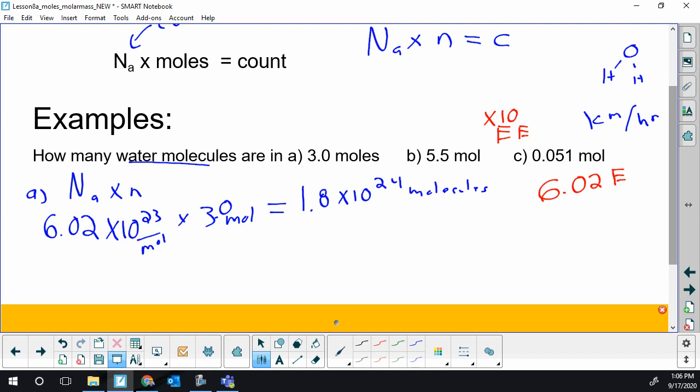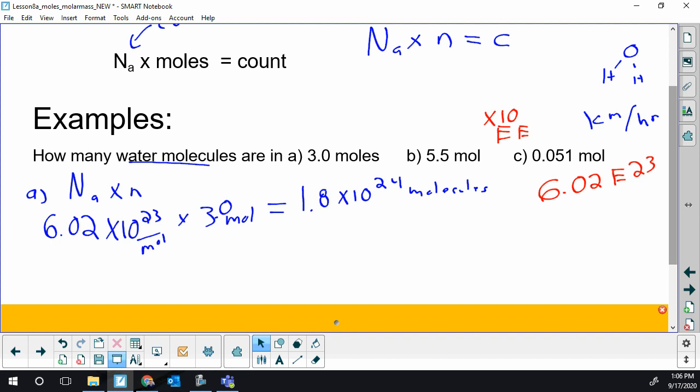So 6.02, find one of those 2 buttons in your calculator, and then you put in the power. And that's how you input scientific notation. Again, between today and Monday, see me in Pride right after school and make sure you're good with your calculator. And many of you might be okay with that.